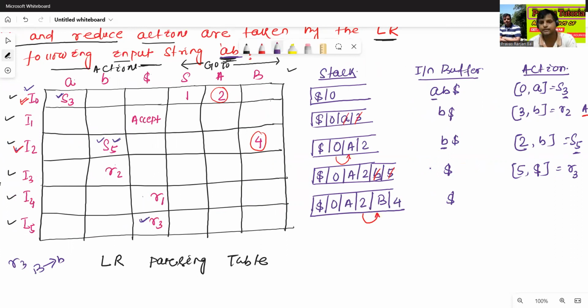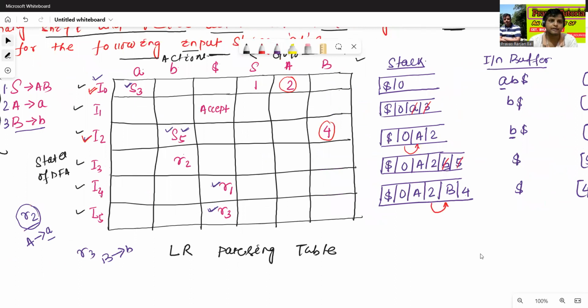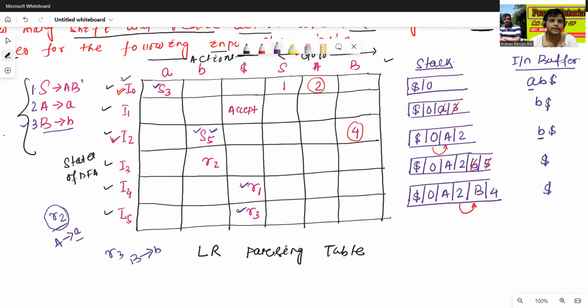Now we'll see 4 to dollar. 4 to dollar is an R1 action. R1 means what? Just check the grammar. R1 means S to AB.